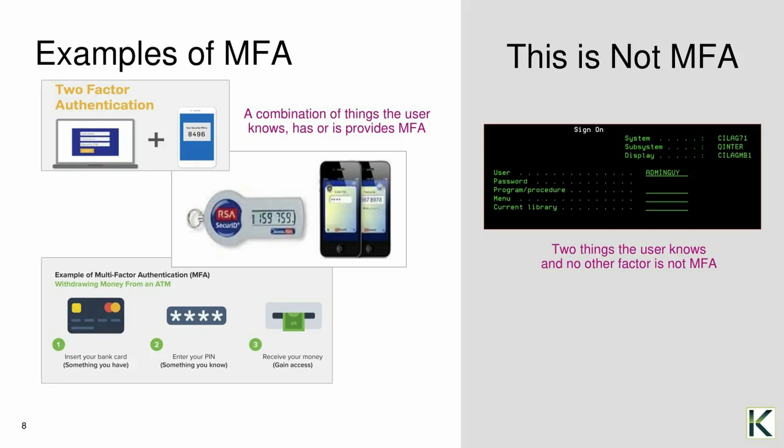Secondly, a token device like an RSA token used in combination with a username and password, or using your card as an example here to withdraw cash: you need your PIN as a second factor. The graphic on the right is to reiterate that the IBM i login with username and password is not multi-factor. You need something else on top.